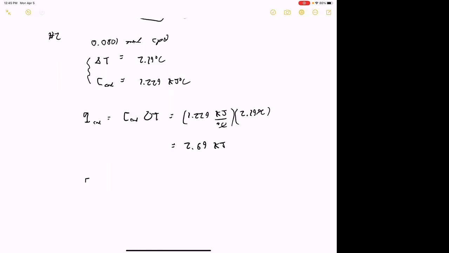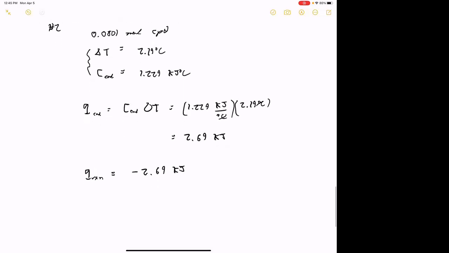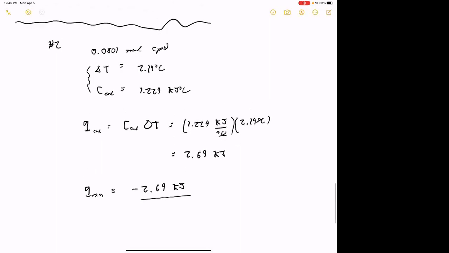Now, if I want my Q of my reaction, remember what I have to do. I have to change the sign on that because the reaction's actually giving off the heat. So I'm just going to make it negative, 2.69 kilojoules of heat now being given off by the reaction. So now I want my Q in terms of kilojoules per mole. So what do I have to do? I have to take this and divide by the number of moles of compound that I burned.